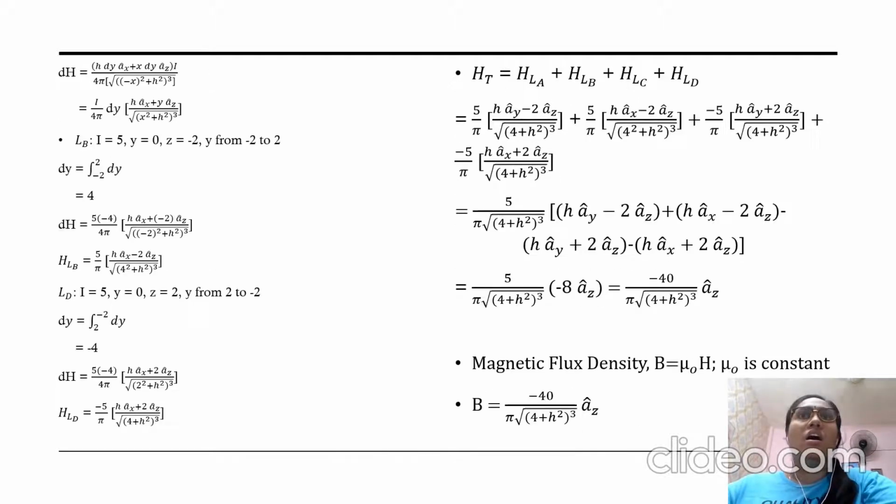Finally, after we obtain up to LD, which is H_LD, we calculate the total magnetic field.